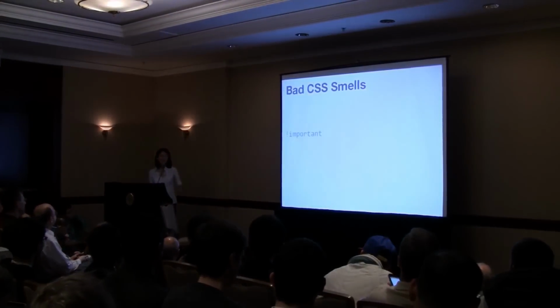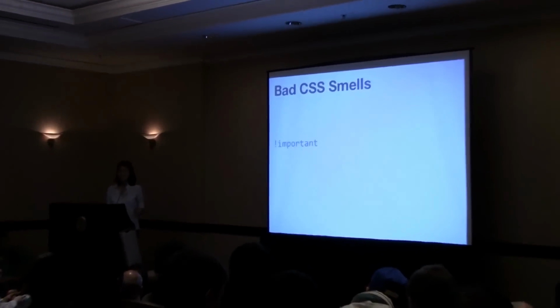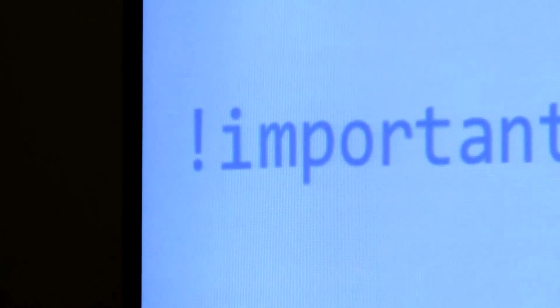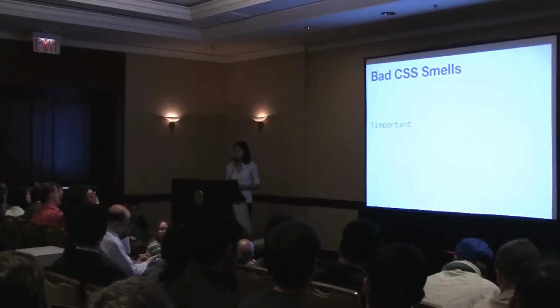When you put important after a particular style attribute, it means that whenever something tries to override it later on, it can't, unless you put important after it. And what happens then? It's an arms race to see who can get more important into the code base, and then everything ends up being important at some point. So basically, when you use important, it means you can overwrite something, or something you can't overwrite.